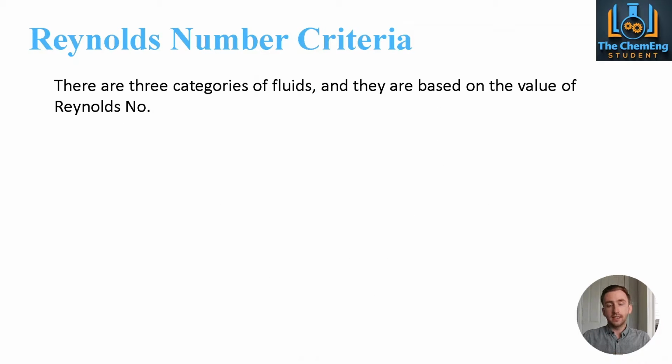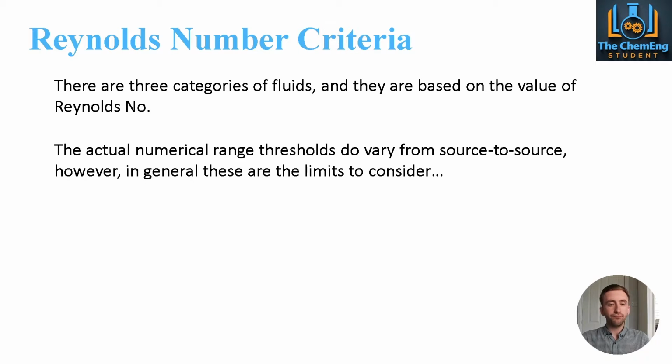Now let's have a look at this in some more detail, because we will look at this in a couple of different ways. We'll explore Reynolds number quite extensively. So the first thing that we really need to look at is the three categorizations that fluids can fall under, and it's based on what Reynolds number actually is.